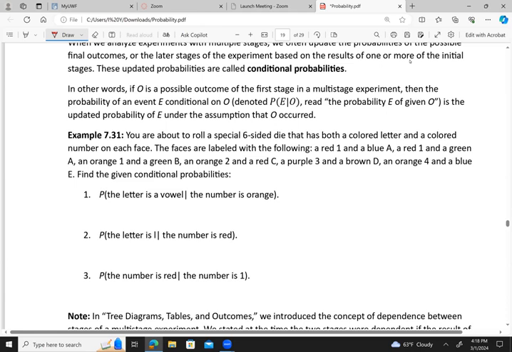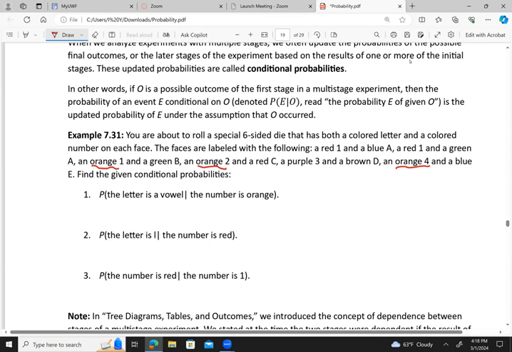What is the probability that the letter is a vowel given the number is orange? So we need to look at our orange numbers. There's another orange number. Is that all of them? Okay, so we have a total of 3 orange numbers.